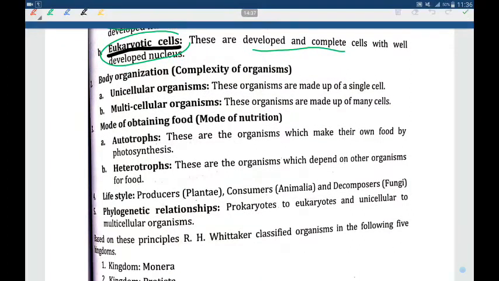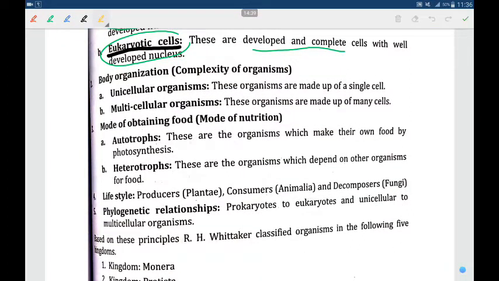Next thing. Organisms can be categorized into unicellular and multicellular. Some organisms contain only one cell. They are called unicellular. And some organisms contain many cells in their body.